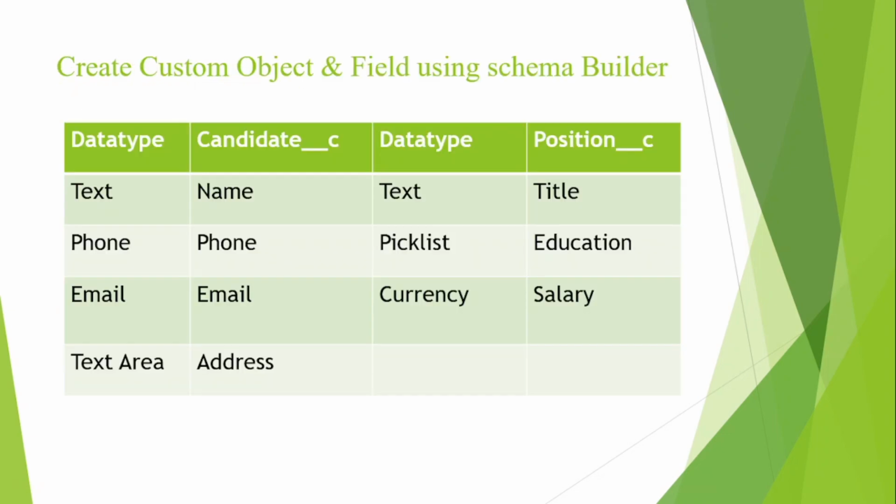So what objects are we going to create? We are going to create custom objects, candidate and position. For candidate we are going to create some fields like name, phone, email and address. And for position we are going to create title, education and salary.